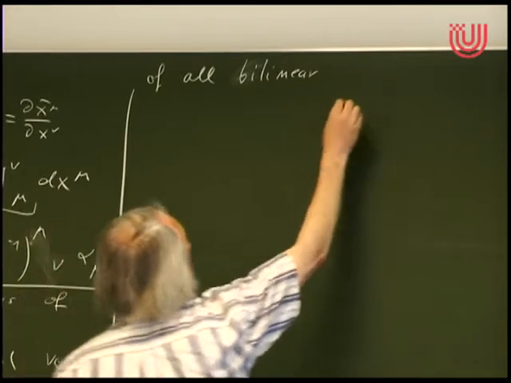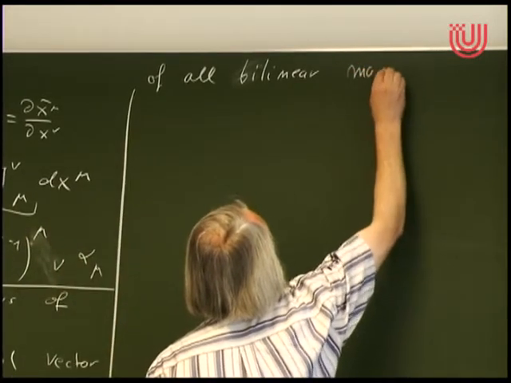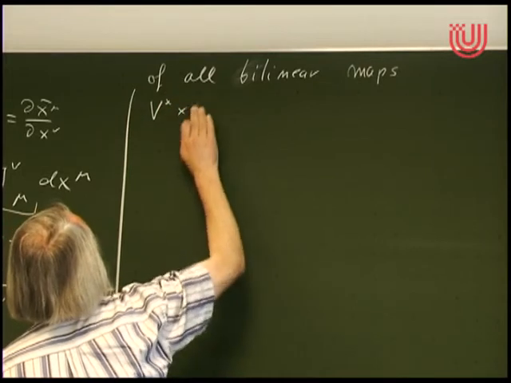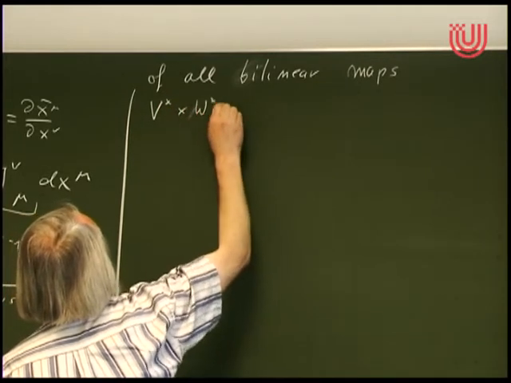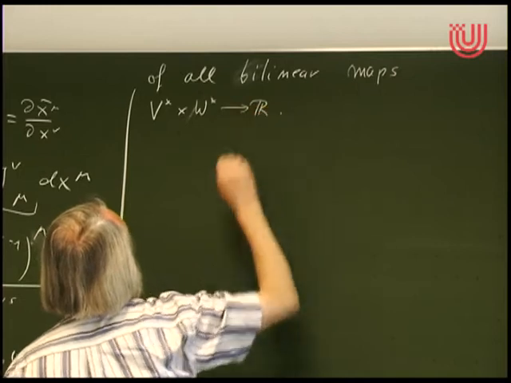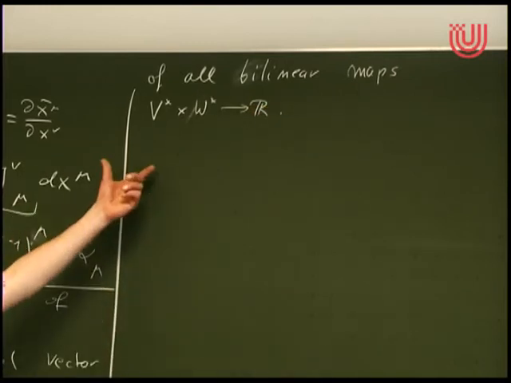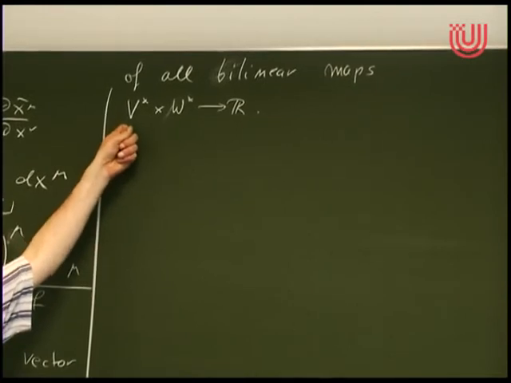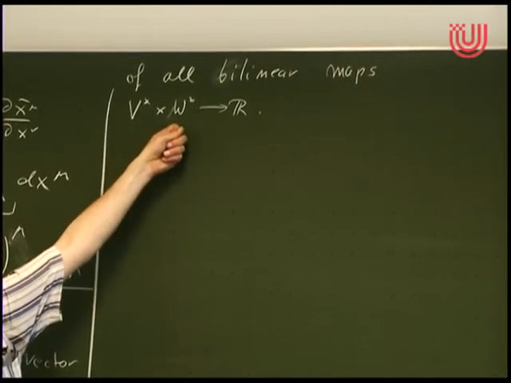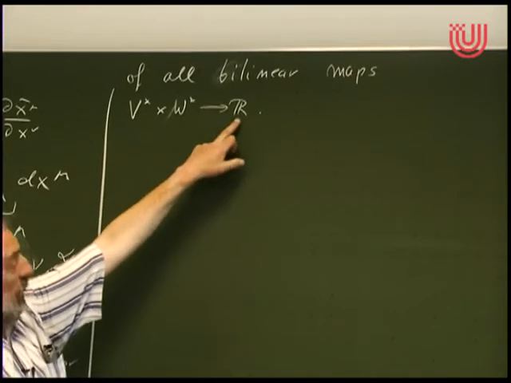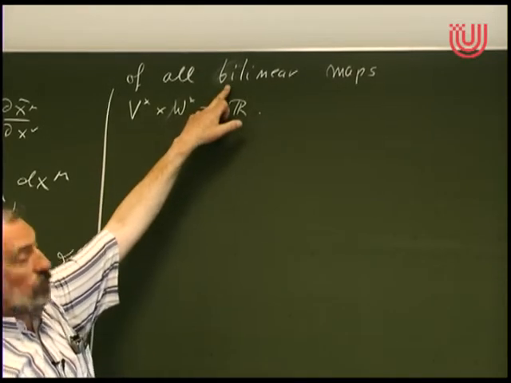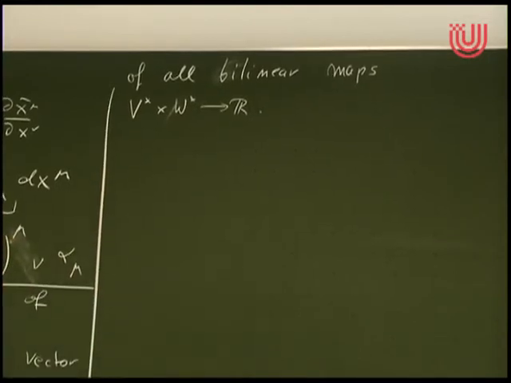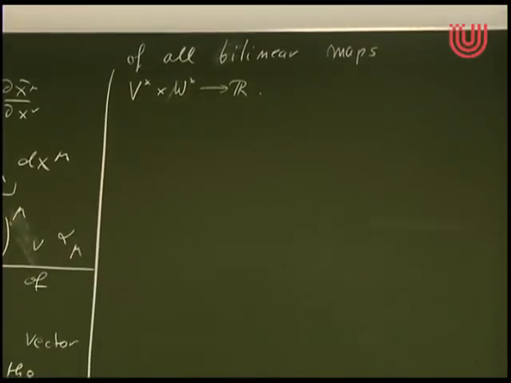Of all bilinear maps from V star cross W star into R. So it's a map which has two slots, two entries. In the first slot I put an element from V star, and in the second from W star, and what it gives me is a real number, and the mapping should be linear in each entry. That's what is meant by bilinear. That's the way in which the tensor product is defined.